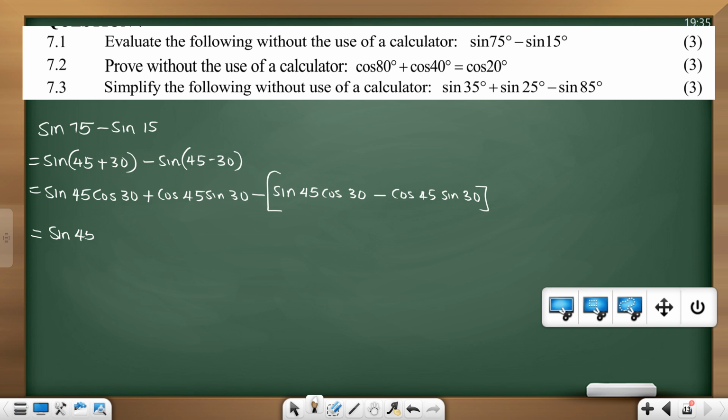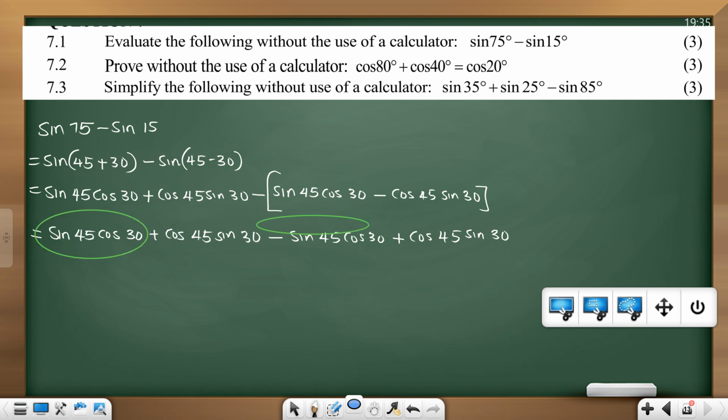Please write neatly so you can see what's going on. I think something should cancel out somewhere. Sine 45 and cos 30. And these ones are the same.